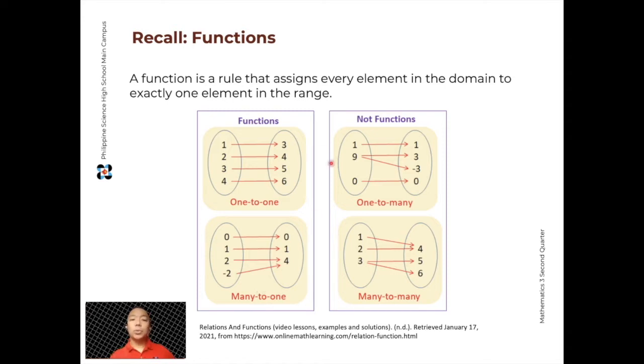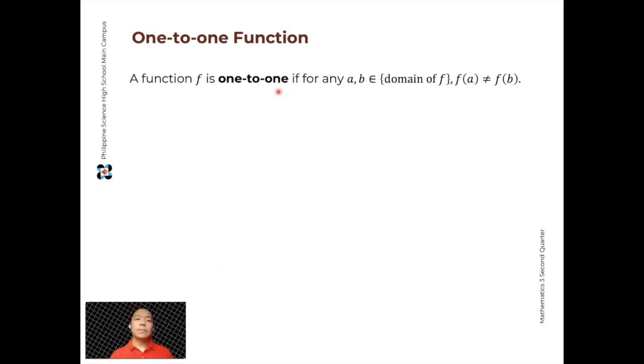Out of these two, ang tututukan natin ng pansin ay yung one-to-one function. Meaning, hindi tayo pwedeng may element sa domain na namamap in the same element sa range as another element in the domain.